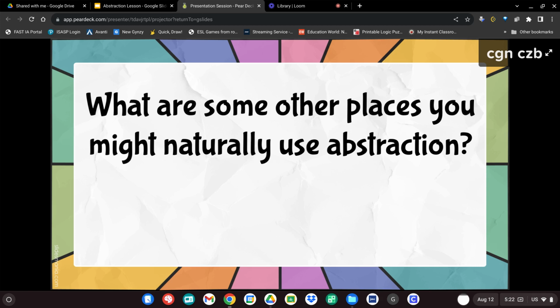Okay, so if you can't think of anything, what about when you meet new people for the first time or you're getting to know someone better? What are some questions you might ask them? You know, if you have a new friend or we get a new student, you're not just going to go up to them and say, well, what's your favorite red?